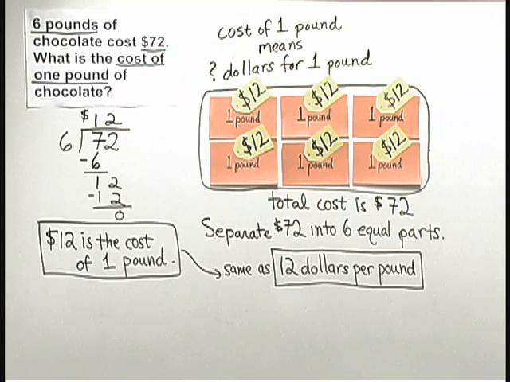Now, I'd like to take just a few more minutes to solve this problem a different way. This other method involves looking at how the units are related in this problem. The units in this problem are dollars and pounds, and we can think of the units of our answer as dollars per pound.